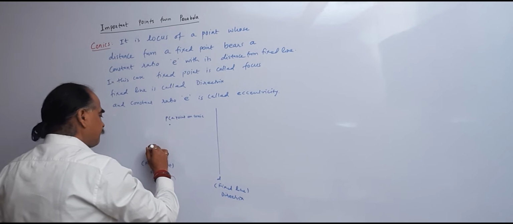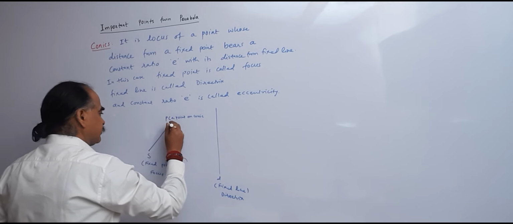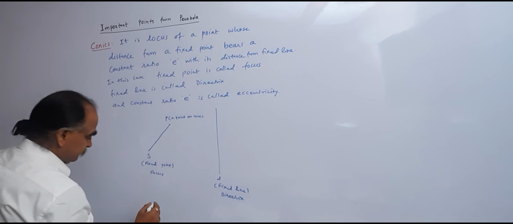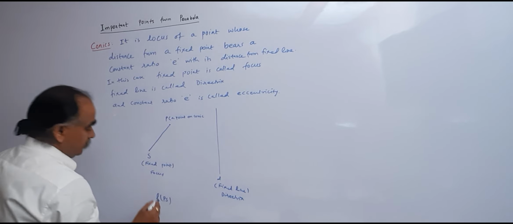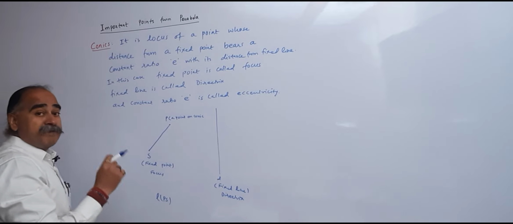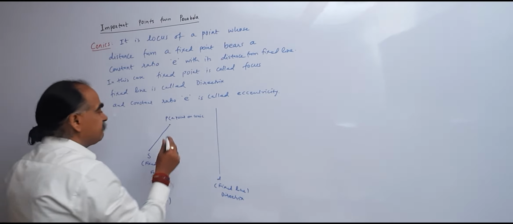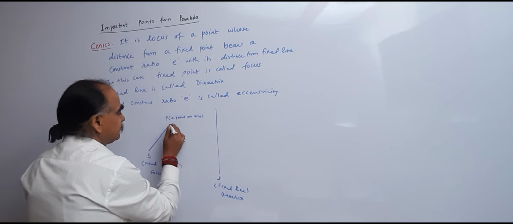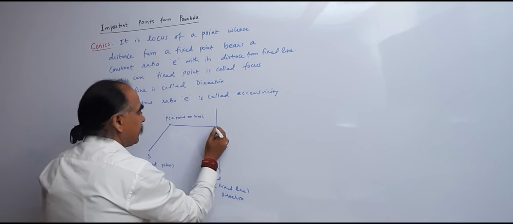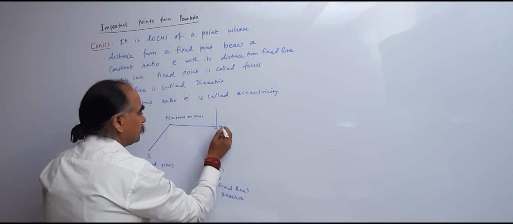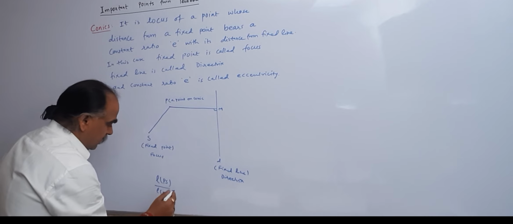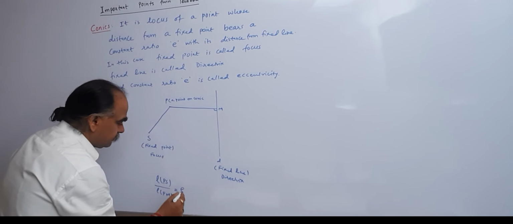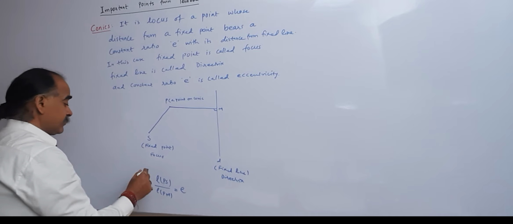It is the locus of a point whose distance from the fixed point, that is length PS, bears a constant ratio e with what? With its distance from the fixed line, PM. And this ratio is e.